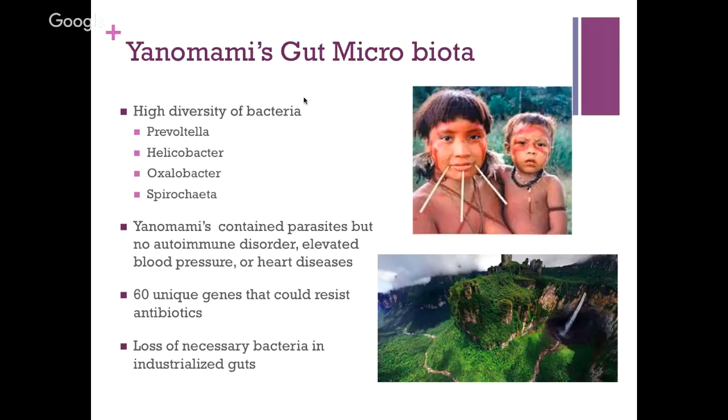This study gives a warning that antibiotics need to be used properly in our clinical and agricultural contexts, and that we, as an industrialized Western society, have lost a lot of our necessary bacteria, and we need to learn how to restore them and prevent losing more.